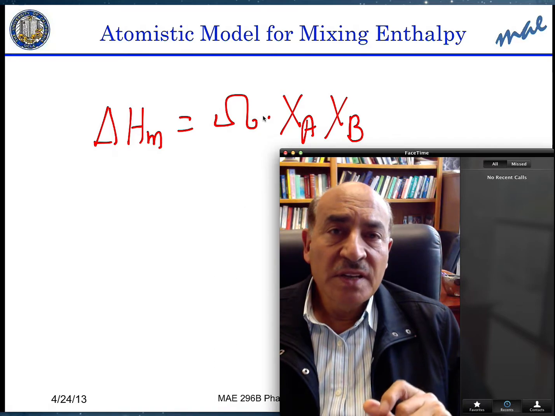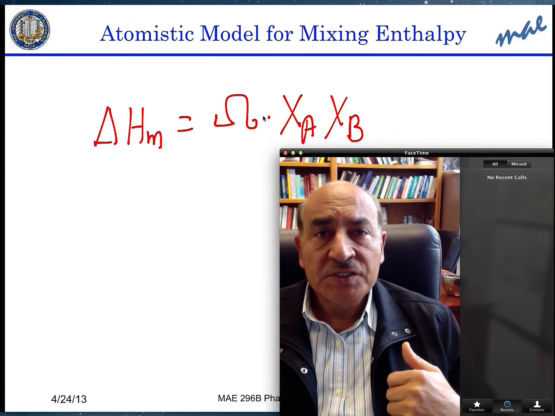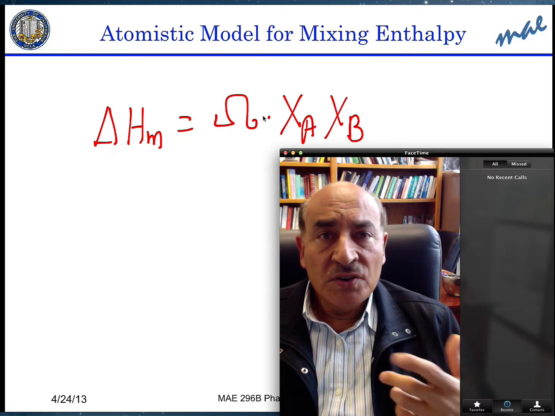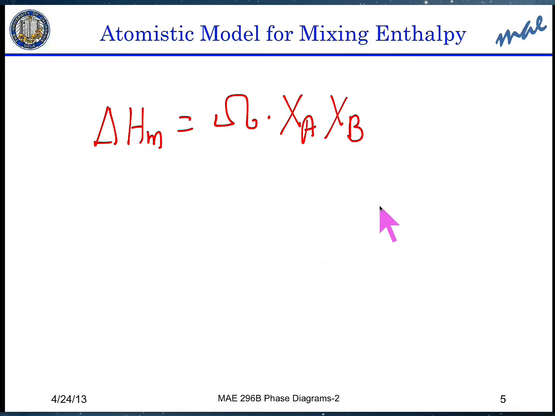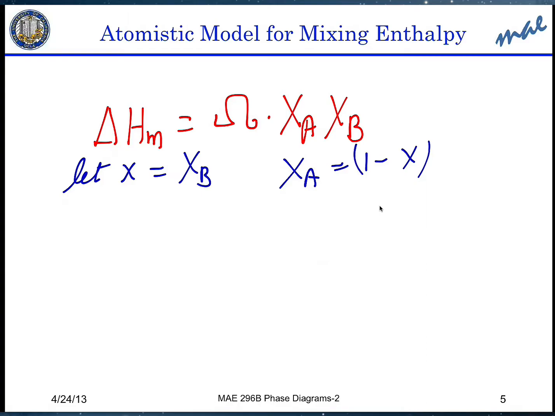That's very important, the sign of omega and how it influences the shape of the free energy as a function of concentration. So let's continue to show that the sign is very important, and we will do that by writing now that if we let x be xB, for example, then xA is equal to 1 minus x, and things are going to look simpler.